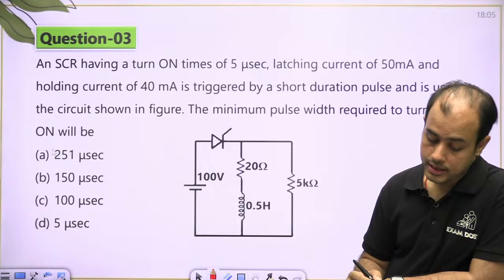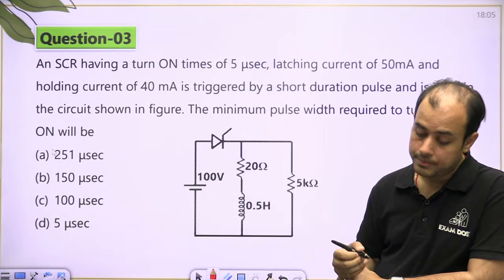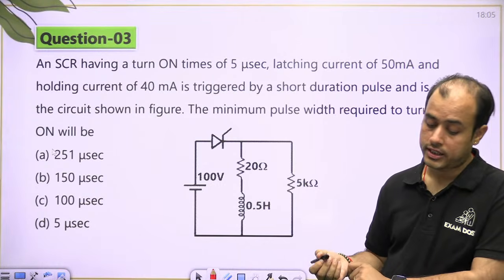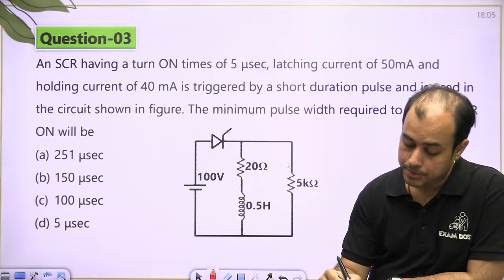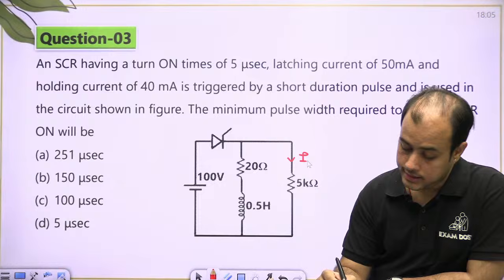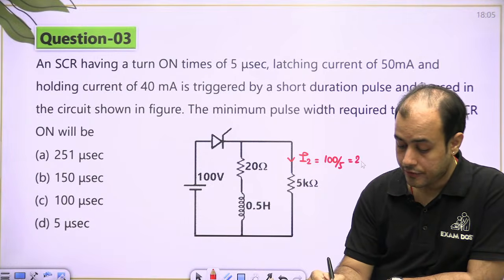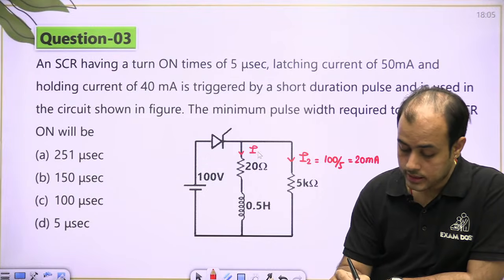D option. SCR having a turn on time of 5 microsecond, latching current 50 milliampere and holding current 40 is triggered by a short duration pulse, minimum pulse width. So see, this current will be 100 by 5, 20 milliampere. What about this current?